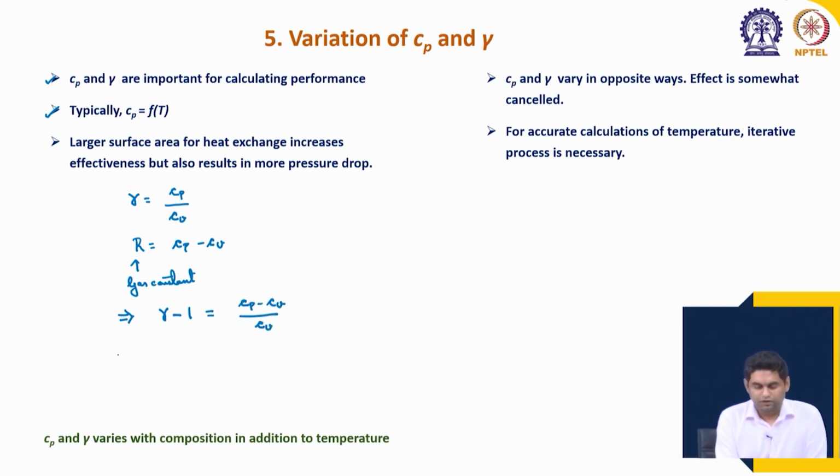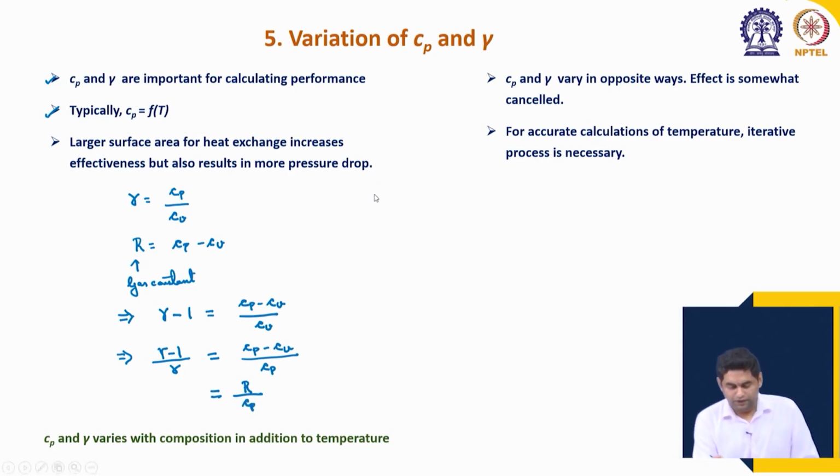Or we can write this as (gamma minus 1) by gamma. Dividing both sides by gamma, we have (Cp minus Cv) by (gamma Cv), which is equal to (Cp minus Cv) by Cp. We are writing it in terms of Cp and R, because those are the parameters which we generally use. So, this is equal to R by Cp.